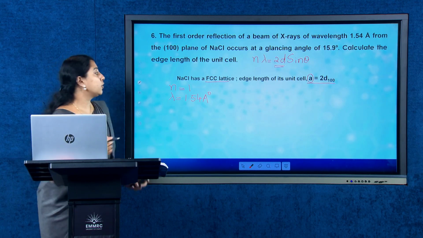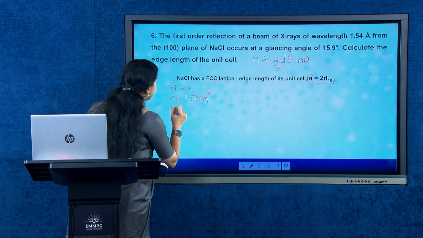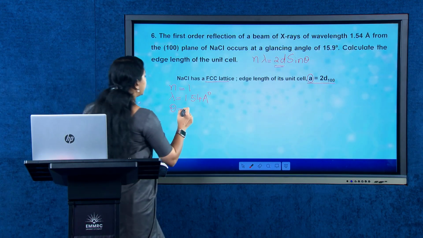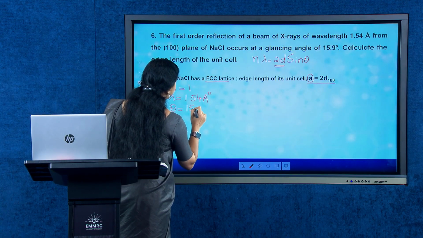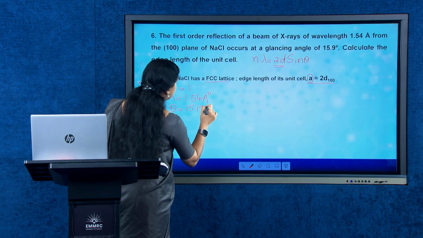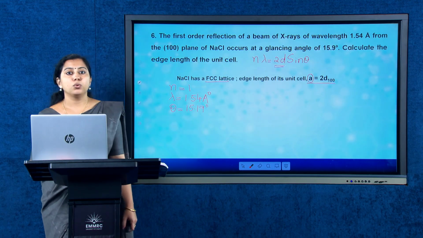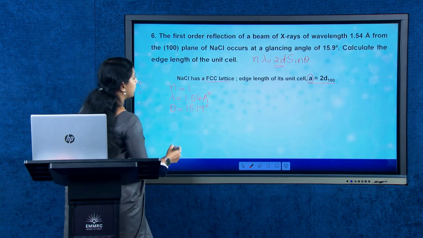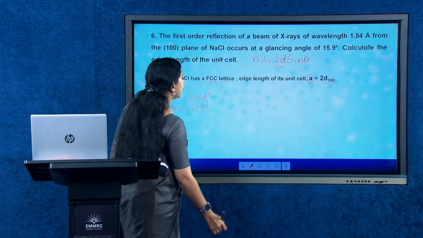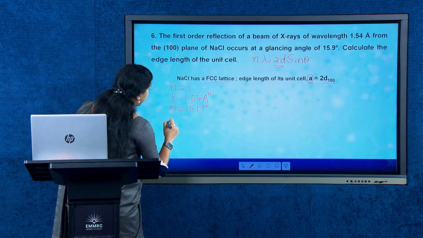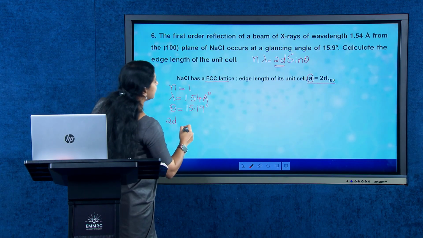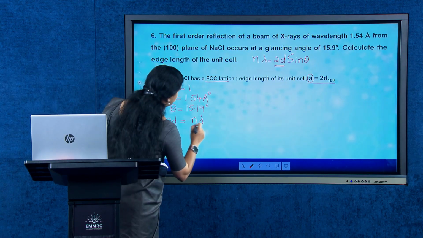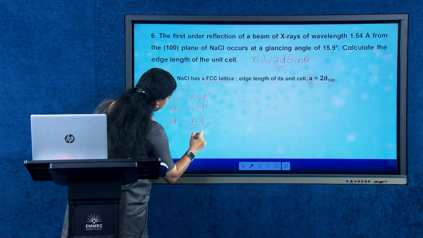Now, the glancing angle or the angle of incidence is given as theta is equal to 15.9 degrees. Now, what you have to find out? You have to find out the spacing between the planes. So, we have n lambda is equal to 2d sin theta, or 2d is equal to n lambda by sin theta.